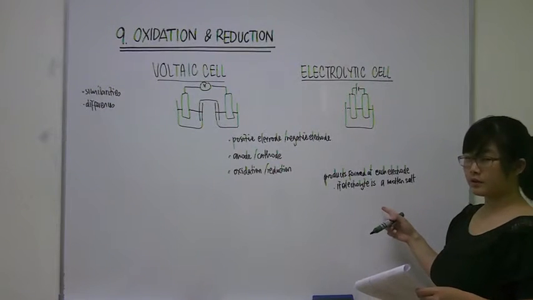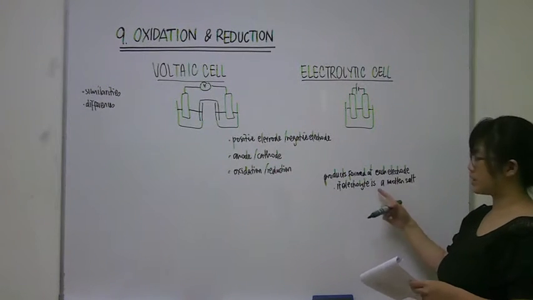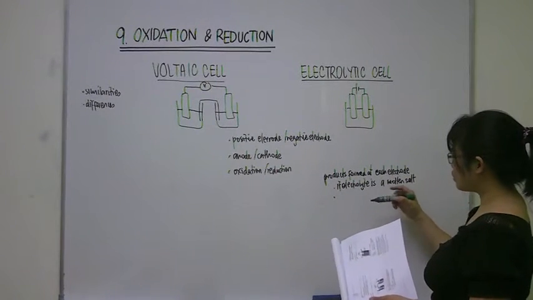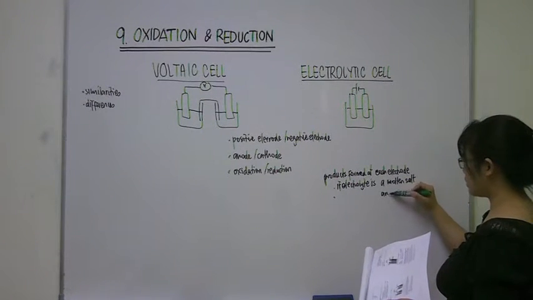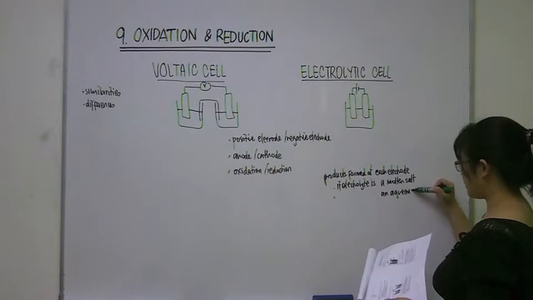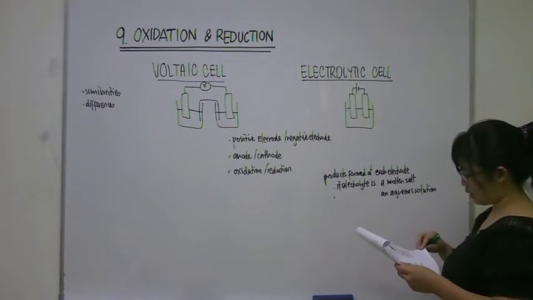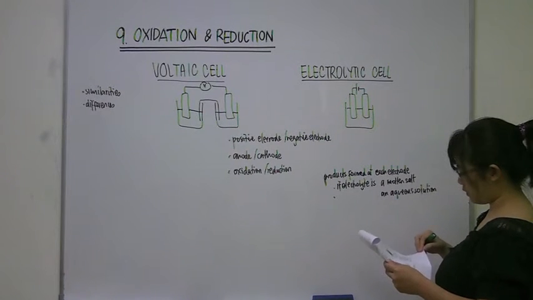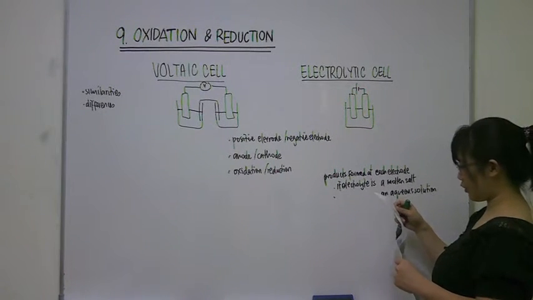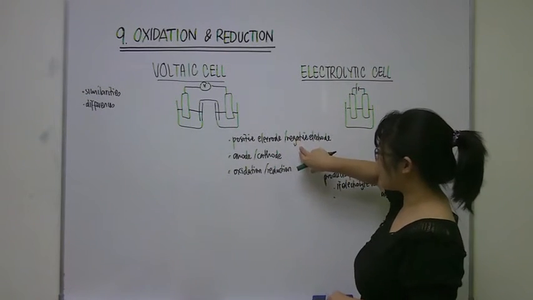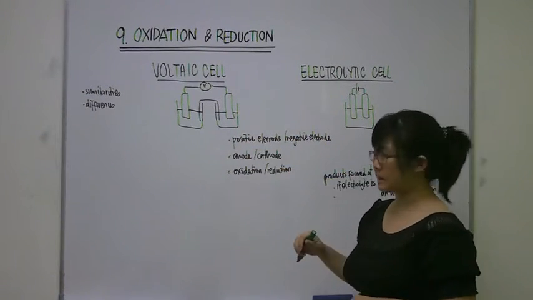For standard level, they only need to know the products when the electrolyte is a molten salt. But if it's higher level, they also need to know if the electrolyte is an aqueous solution. For standard level, these are the only things they need to know about the voltaic cell.